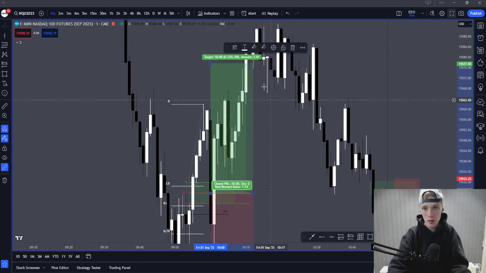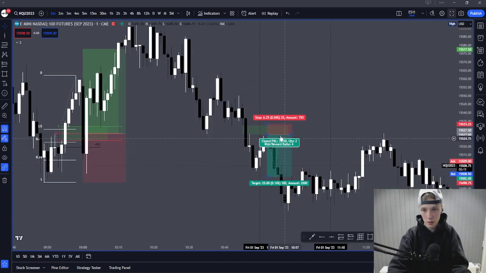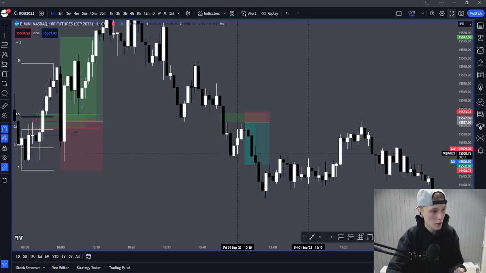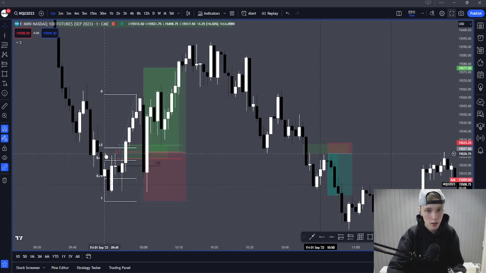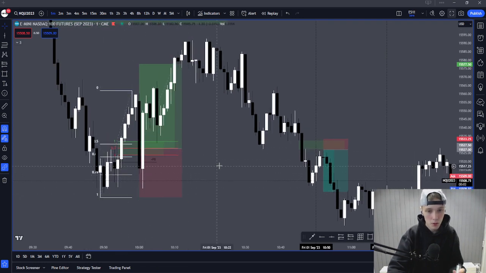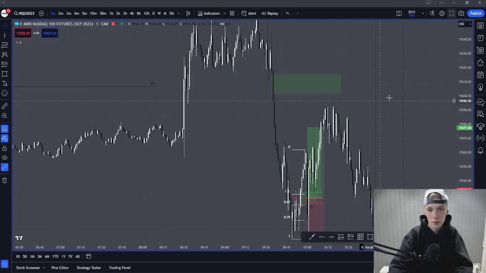And I had the win rate marked out. This is all I had marked out for this trade. So I did enter in a discount, right? Entered long in a discount. Stop loss below. And I had this SIBI marked out.